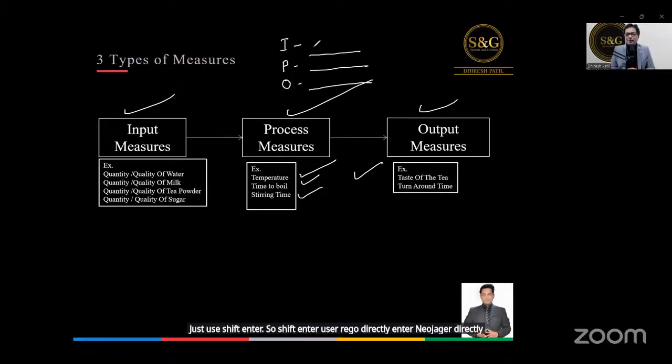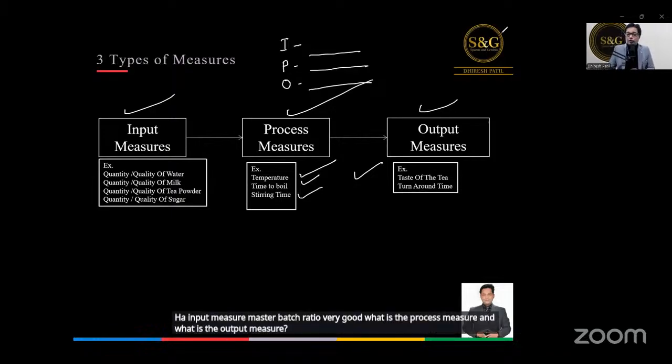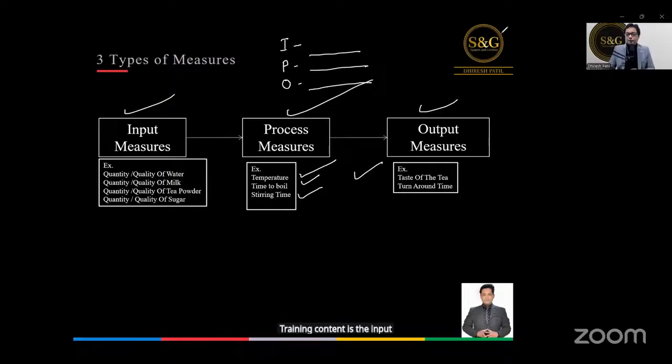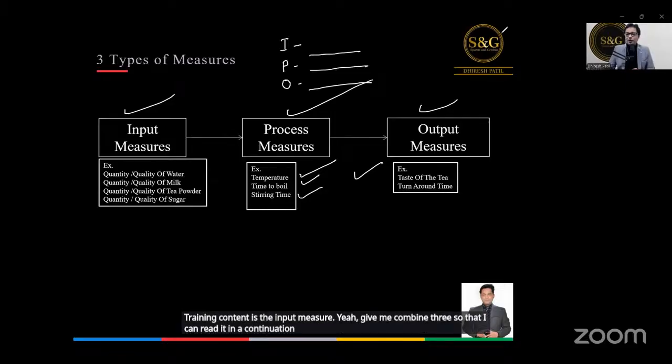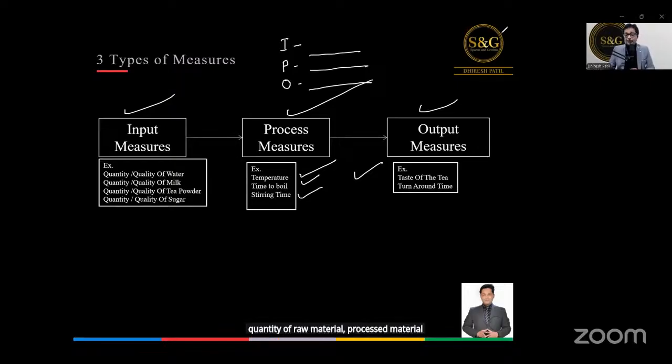Input measure, master batch ratio, very good. What is the process measure and what is the output measure? Training content is the input measure. Give me all three combined so that I can read it in continuation. Quantity of raw material. Process measure is compounding. What do you measure in compounding, Raju?